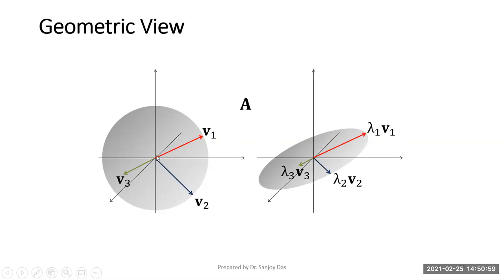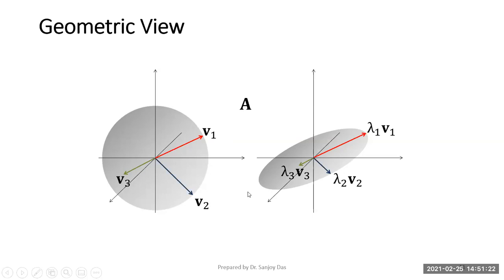So V1 is the direction of maximum stretching, right? And V2 is the direction of the next maximum stretching, or in other words, the direction of maximum stretching that's orthogonal to V1, and then V3.